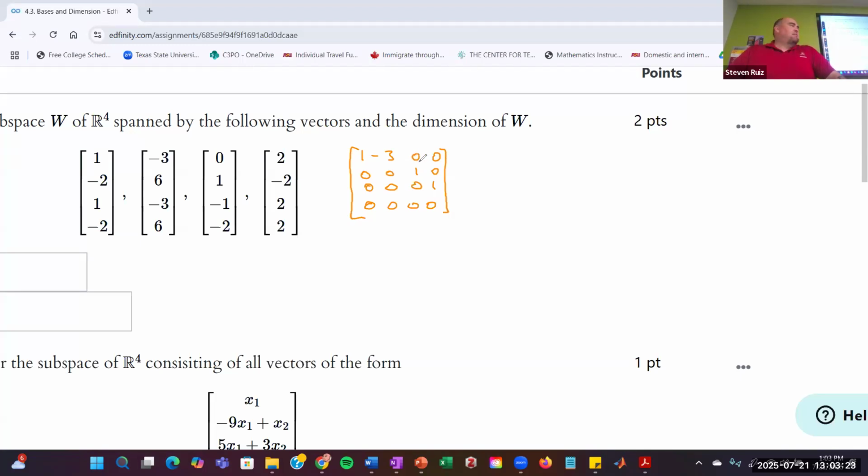Unfortunately, Edfinity is only looking for one thing: where the pivots are. The pivots are in column 1, column 3, column 4. So the basis, as far as Edfinity is concerned, is the vectors that those pivots correspond to: vector 1, vector 3, vector 4. That is a basis, and it's also the only one Edfinity wants.